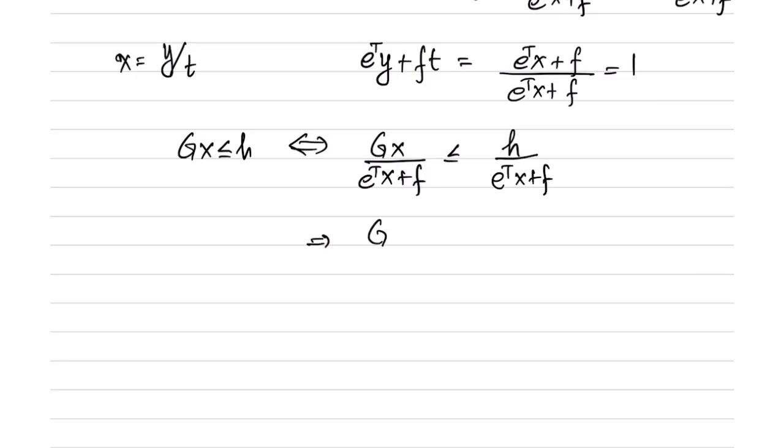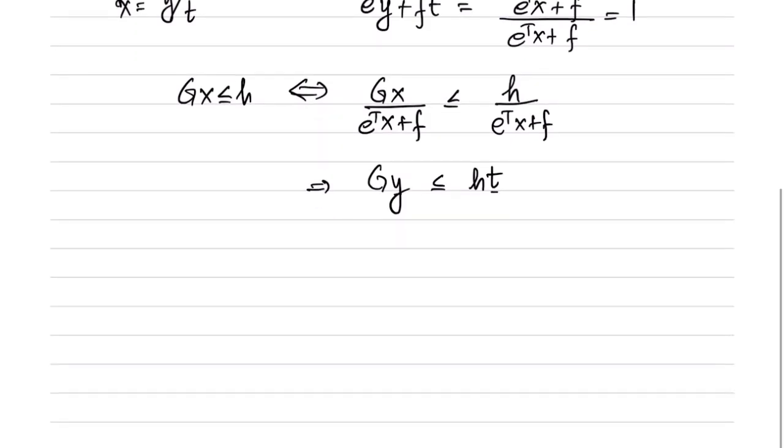So I obtain G y is less than or equal to h t. So this constraint, which was a linear constraint, is still linear because y and t are the optimization variables, t is a scalar and y is a vector. Likewise, Ax equal to b would get converted to Ay equal to bt.